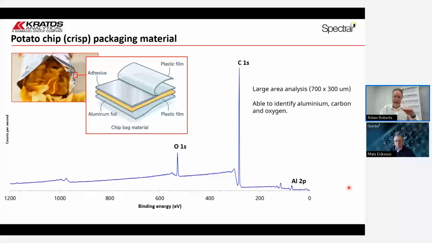And that aluminium is used as a barrier layer to stop oxygen permeation into the packet, and keep the nitrogen in there that keeps the crisps nice and crunchy. So I'm seeing some aluminium in my spectrum.